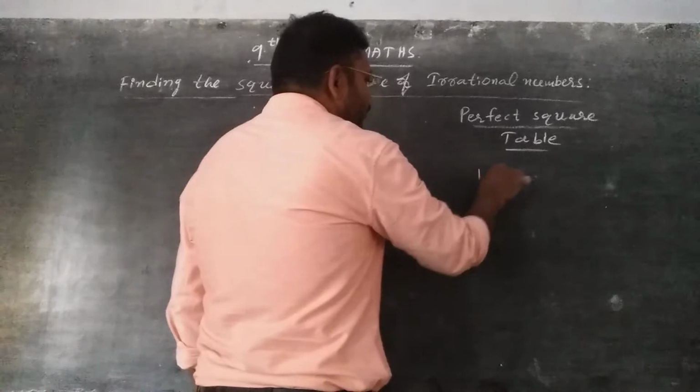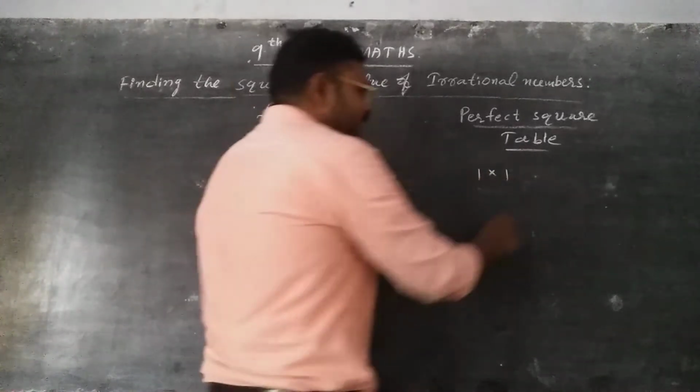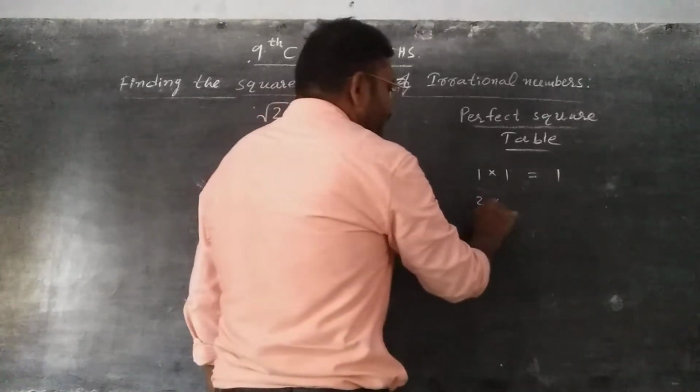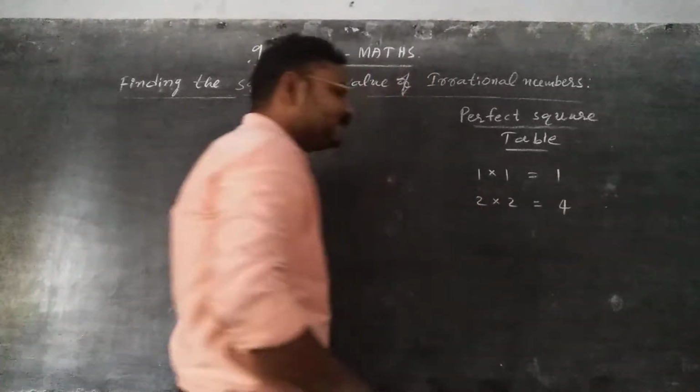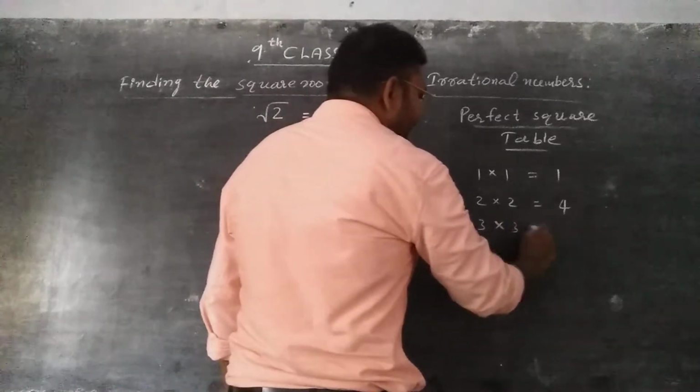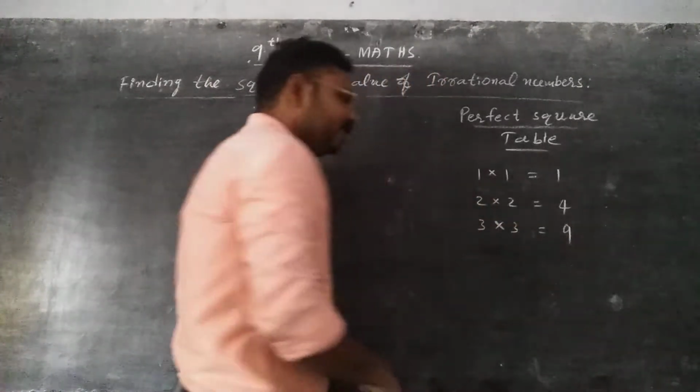The product of two equal factors is called a perfect square.